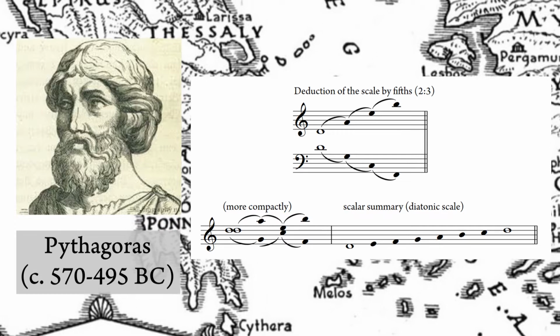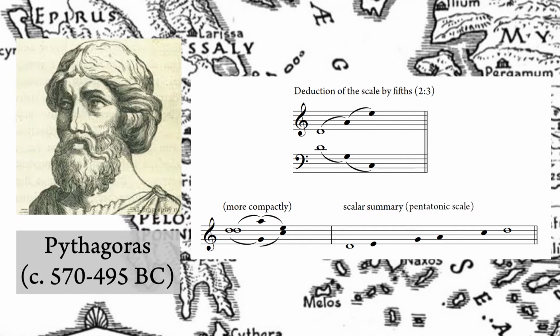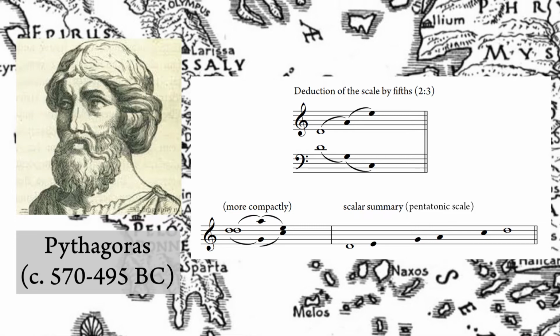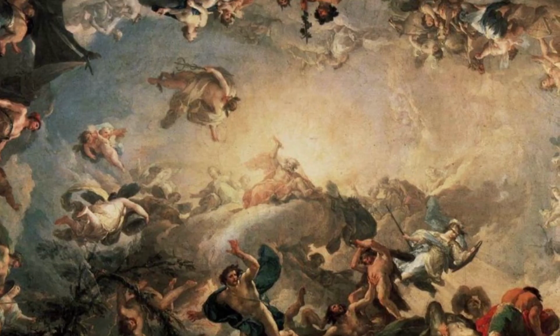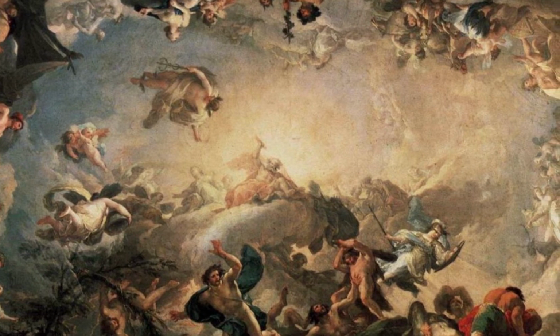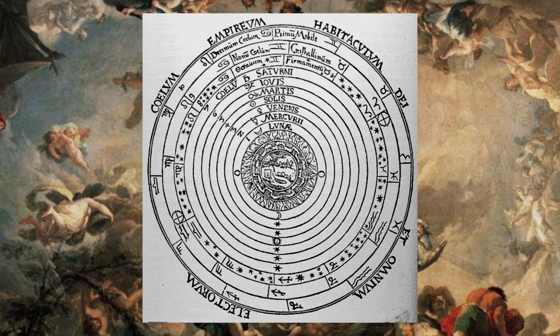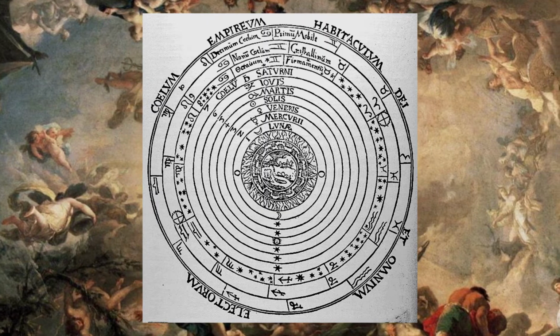And the first 5 notes that he derives through this method happen to be the pentatonic scale. The number 5 was also significant in ancient Greece as a number that ruled the heavens, since there are 5 visible planets, and a number that ruled humans, since we have 5 fingers, 5 toes, and 5 extensions from our torso, being 4 limbs and a head.